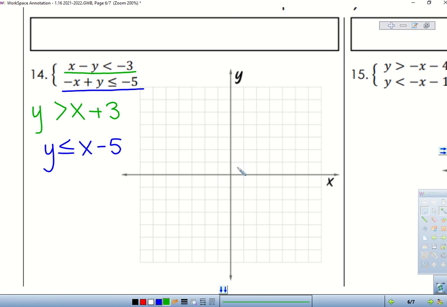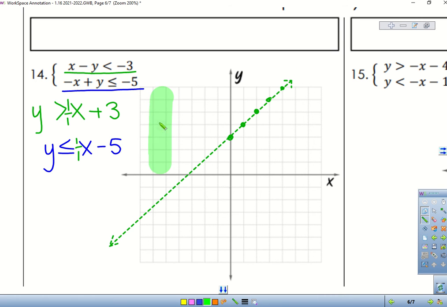I'm going to graph these. 1, 2, 3. And this one has a slope of 1 over 1. They both do actually. So I go up 1 over 1. And then I connect these with a dashed line. Now the alligator is eating the y, so I shade above.